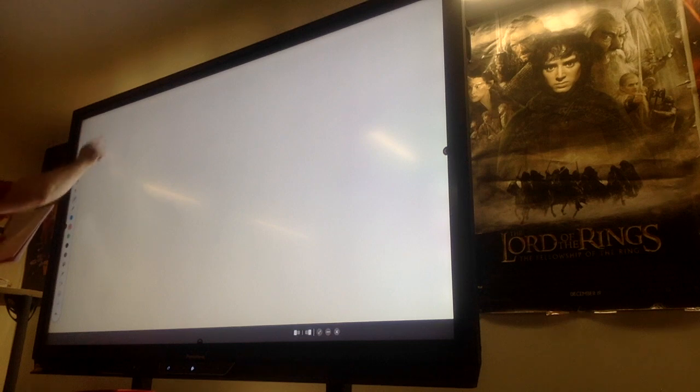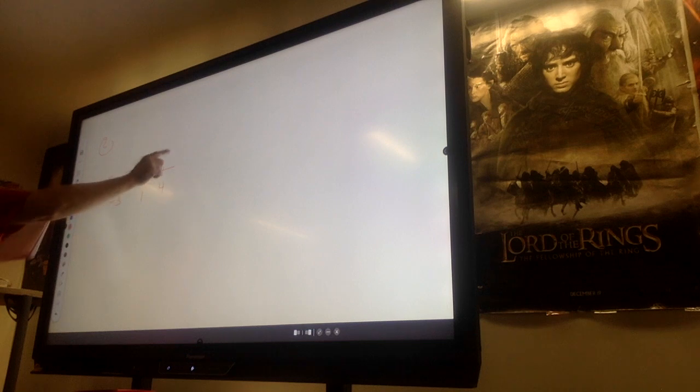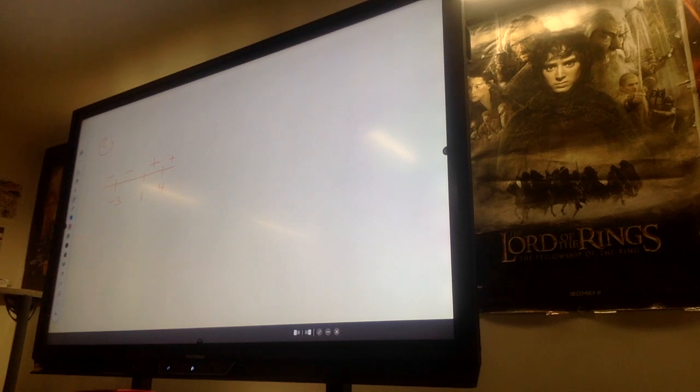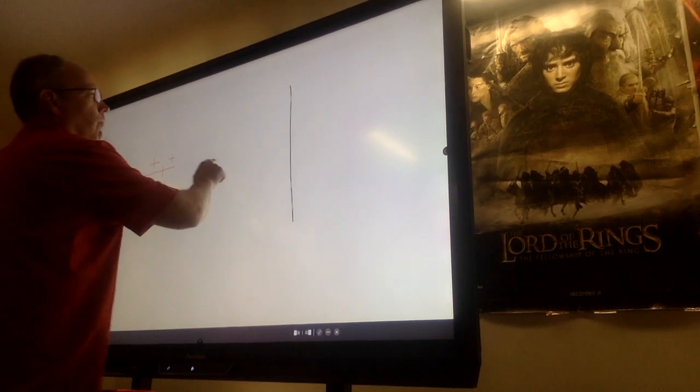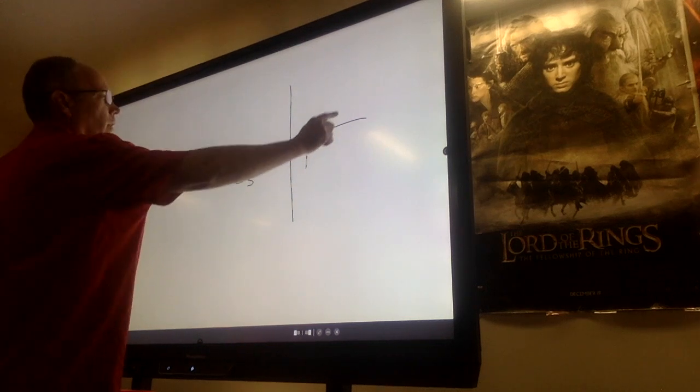Problem number 2. They have this goes negative, negative, positive, positive. Okay? And they want us to draw the graph that would go along with this. So I have -3, 1, and 4.